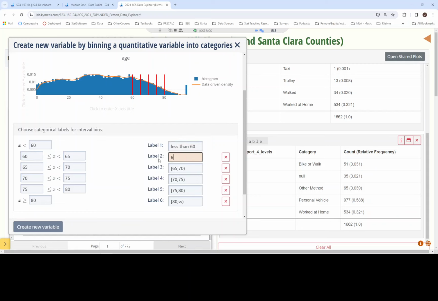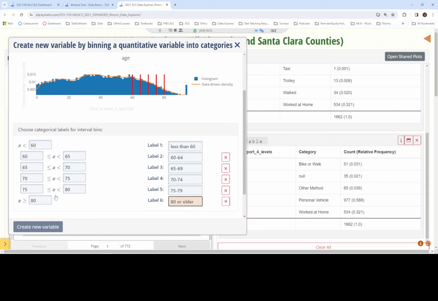This one here is 60 to 64 because it's not including 65. This one is 65 to 69. This is 70 to 74. This is 75 to 79. And this is 80 or older.